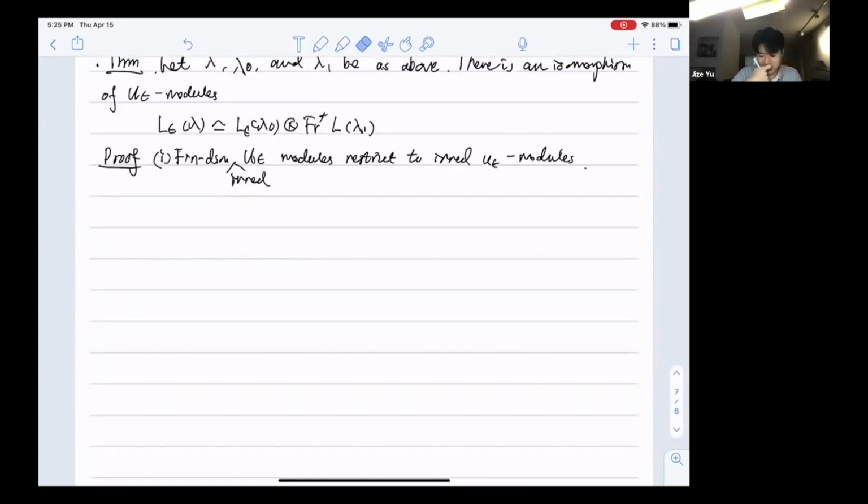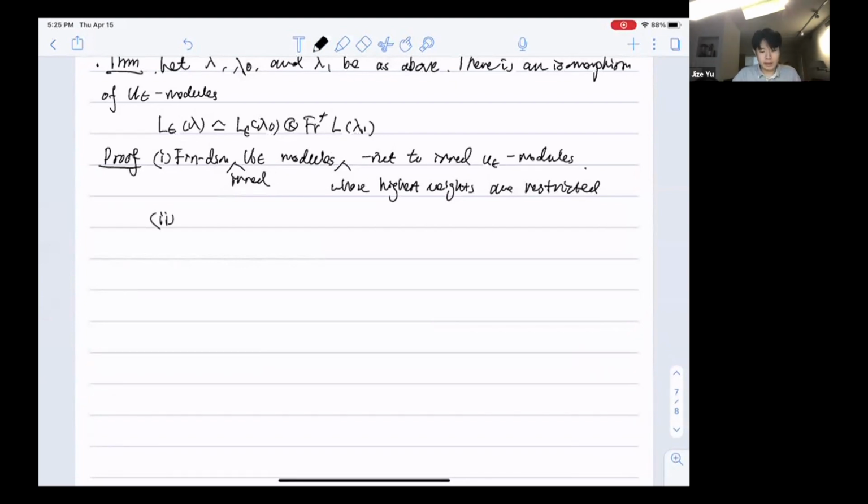Modules whose highest weights are restricted. Right. Okay, thank you for the correction.